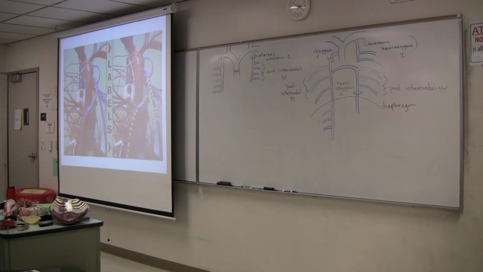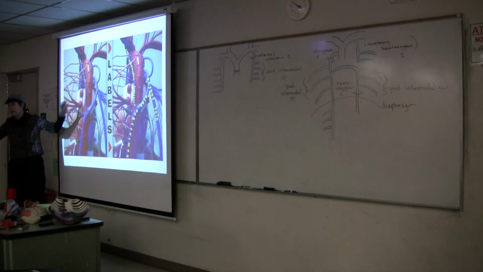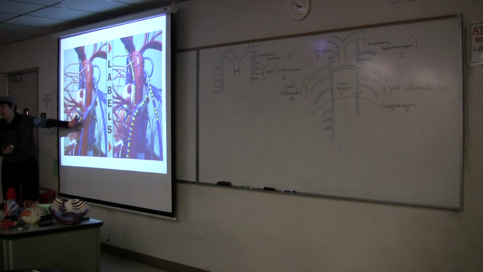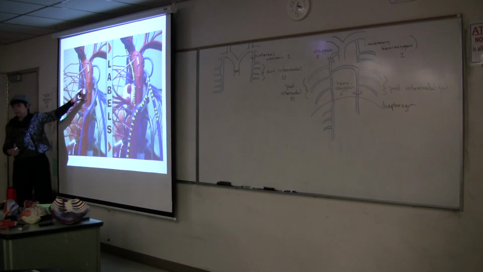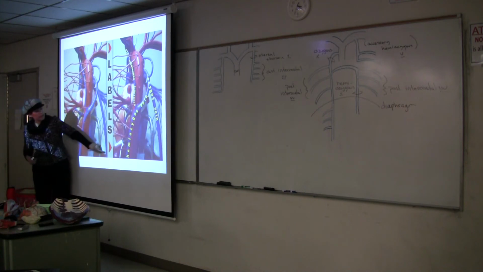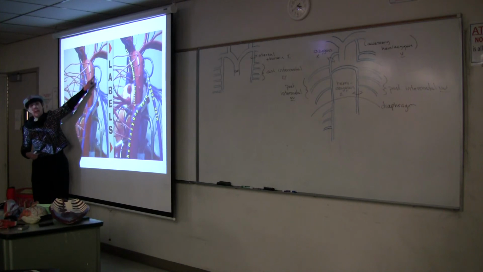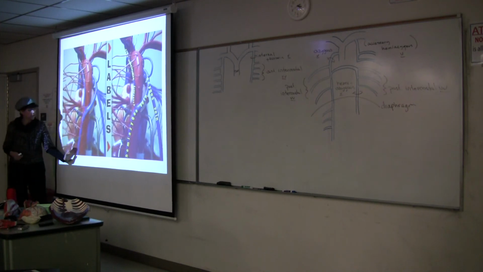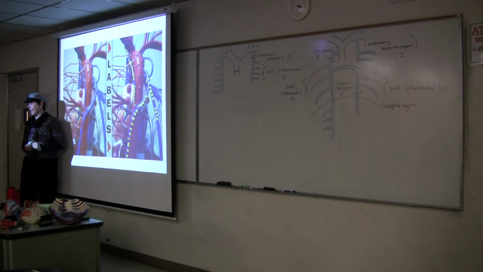So they're labeled on the right-hand side. But this is looking at our wire model, looking from the back, because remember this is posterior. So here is the aorta with posterior intercostal arteries coming out of the aorta. On the right side, here is the azygous vein coming up and going into the superior vena cava. You can ignore that one. On the left side, here is the hemiazygous coming up and over and draining into the azygous.